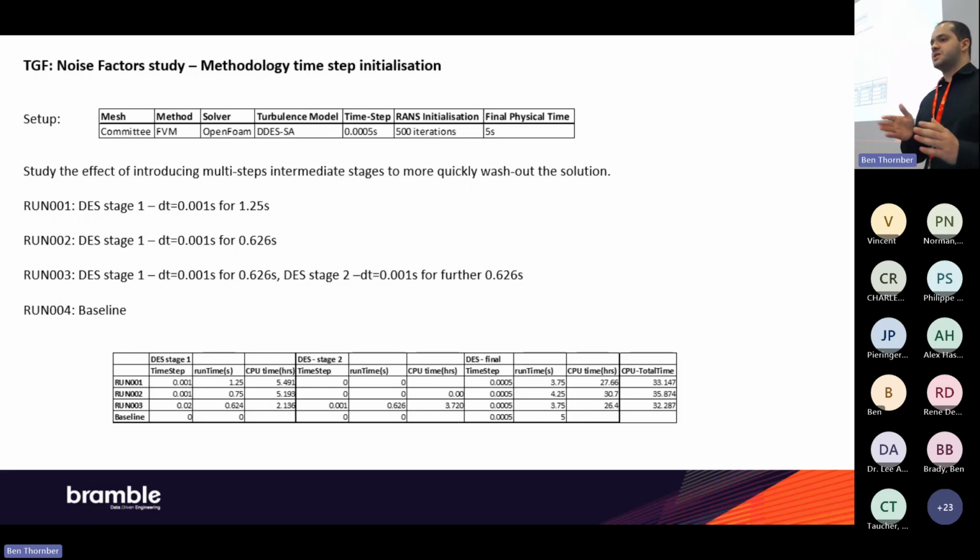All of these studies were performed in our in-house OpenFOAM v1806 code, with a fixed final time step of 5e-4 seconds, and all the simulations were run for a total of 5 seconds. So what was changed was the time step size for initialization in the beginning, and how long this was used to speed up the convergence, basically.